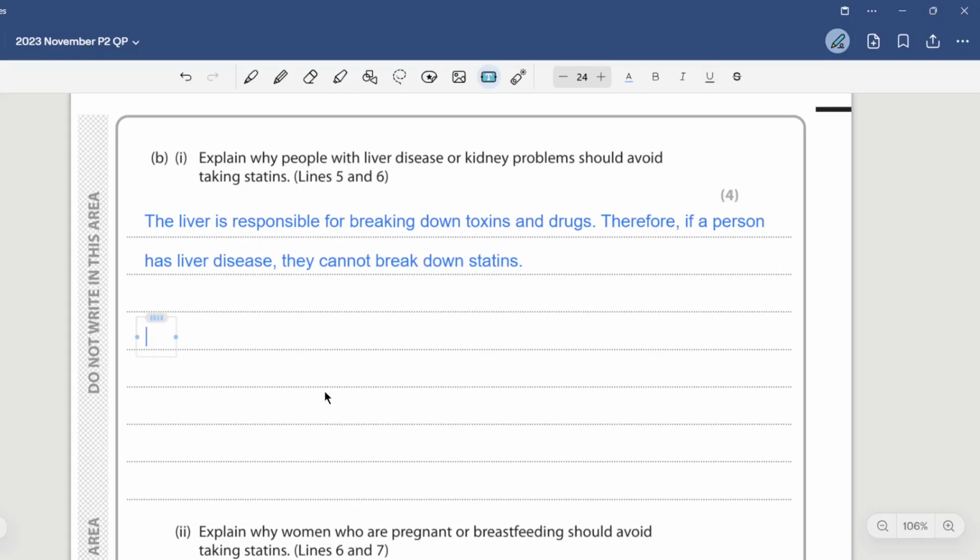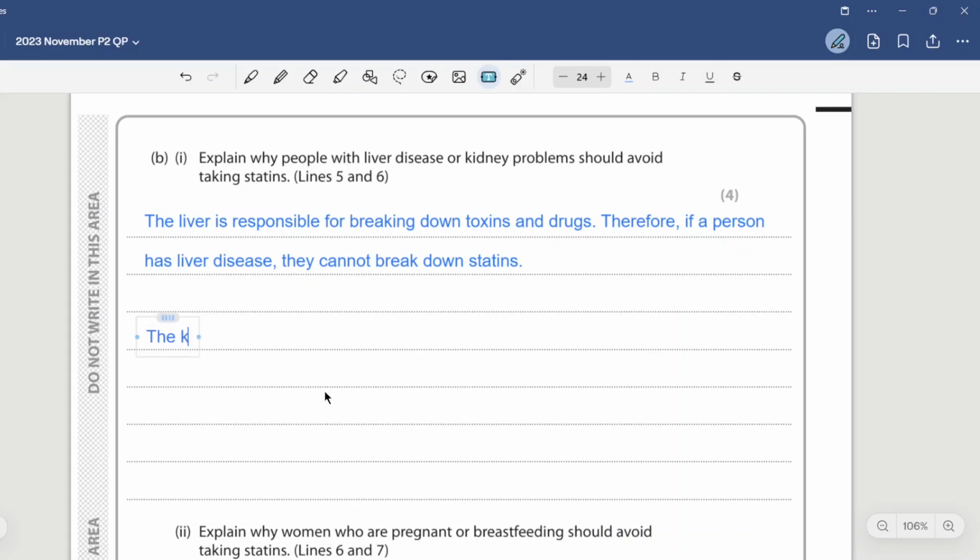All right, so the next part, what is the function of the kidneys? So the kidneys are responsible for excreting waste products. So whatever toxins are being broken down by the liver, that eventually gets excreted via our kidneys and then through our urine.